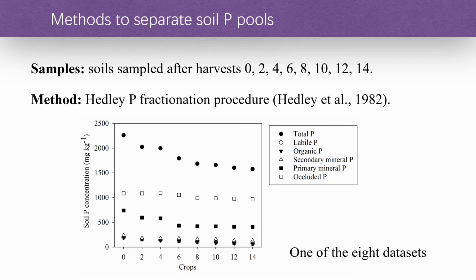They are labile phosphorus, which is readily available for plant growth; organic phosphorus, which is phosphorus in organic form; secondary mineral phosphorus, which is phosphorus associated with secondary minerals such as aluminum oxides and iron oxides; primary mineral phosphorus, which exists in apatite; and occluded phosphorus, which is thought to be in occluded forms and unavailable for plant growth.